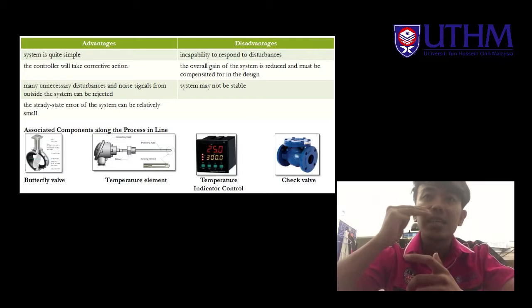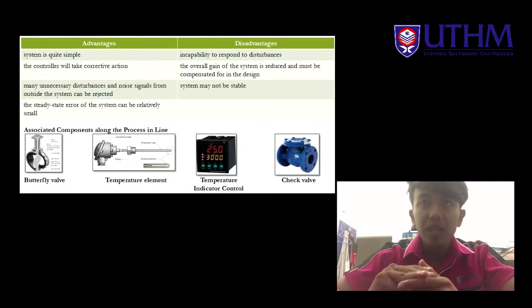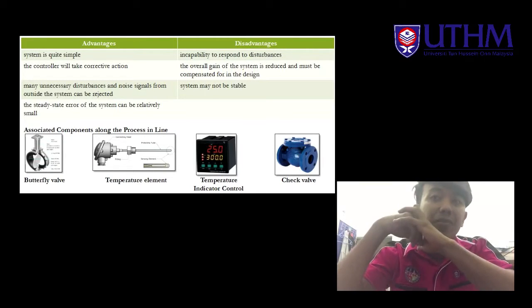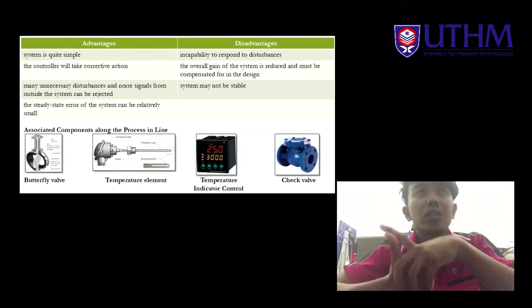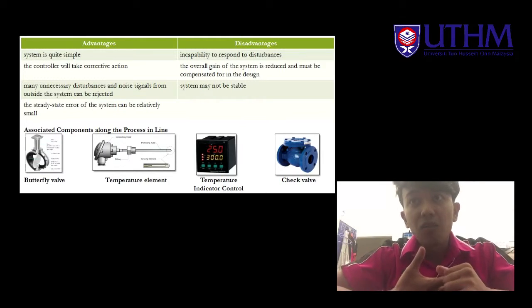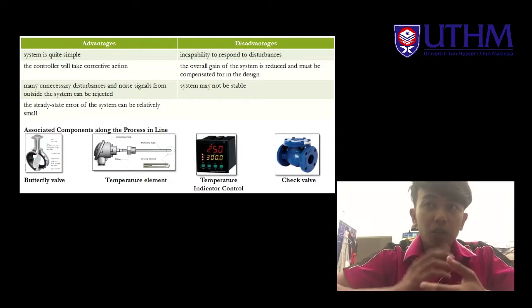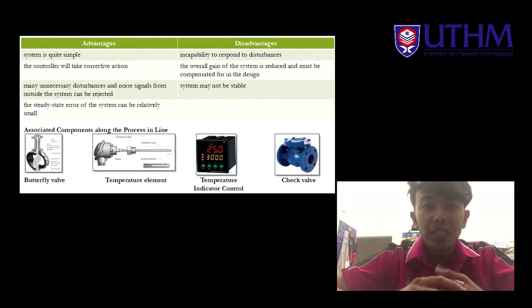And the fourth is the steady state error of the system can be relatively small. The disadvantages are the incapacity to respond to disturbance, the overall gain of the system is reduced and must be compensated for in the design, and third, the system may not be stable.